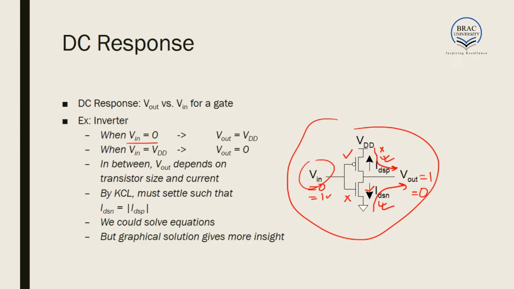Now, when we go into a DC analysis, we have to remember that our KCL, KVL, all these rules of circuits are still valid for CMOS inverters as well. So from KCL we get IDSN is equal to modulus of IDSP. Why have we taken the modulus? Because IDSN is going outward, and IDSP is also going outward from the node.